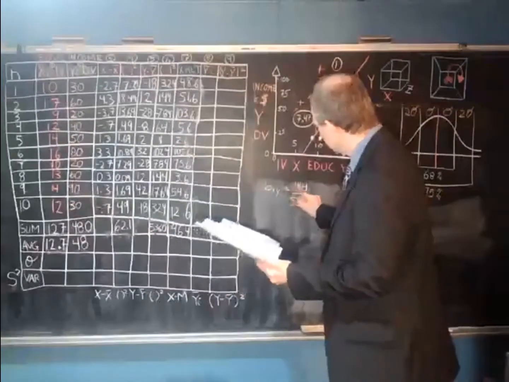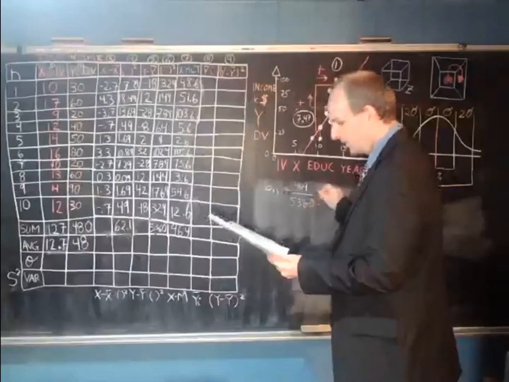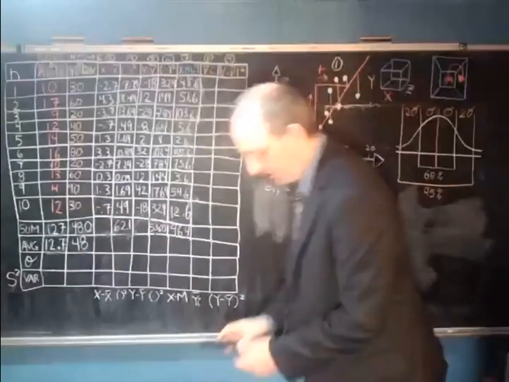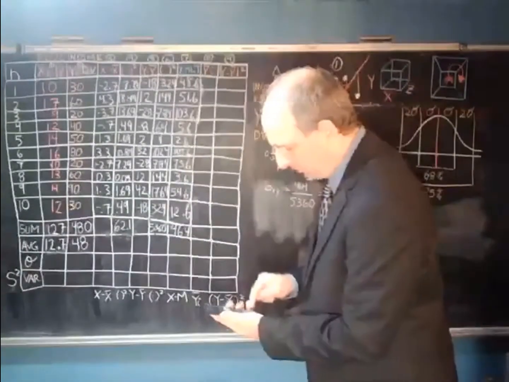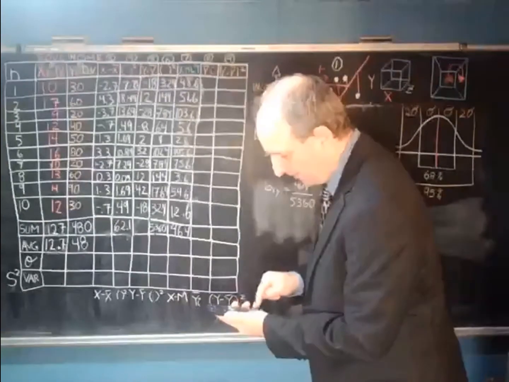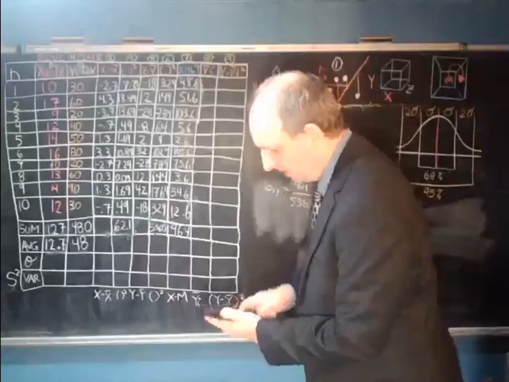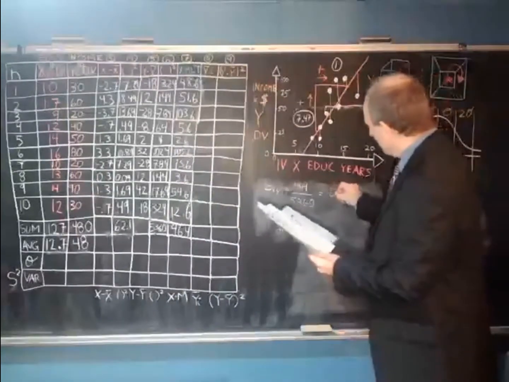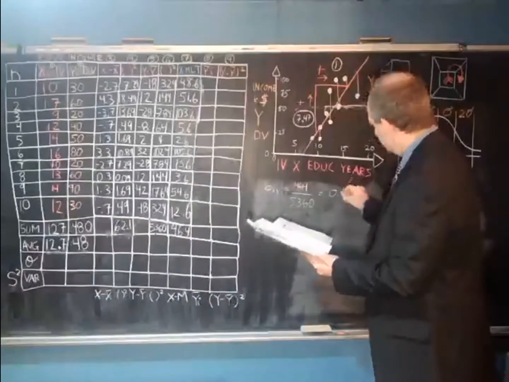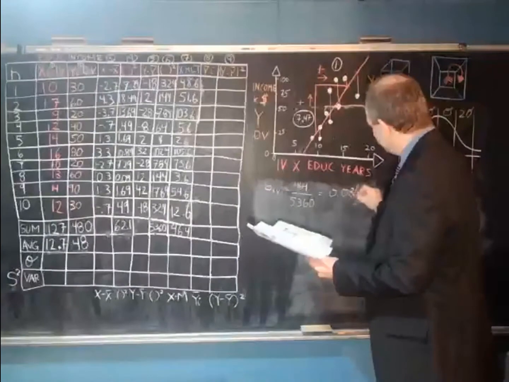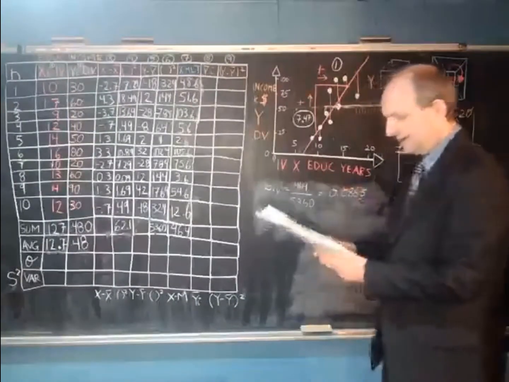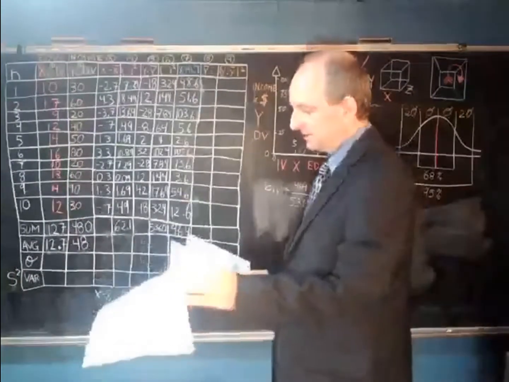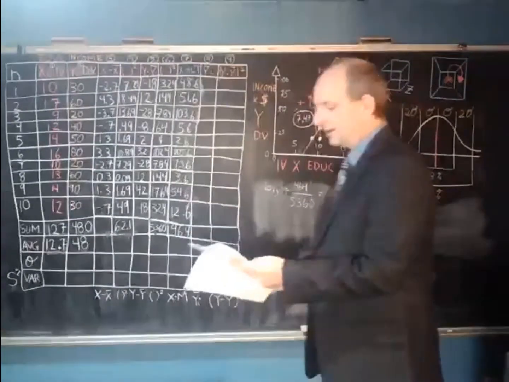If we take a calculator and work this out, 464 divided by 5360 is going to give us 0.0865. Okay, so that is step number 17.